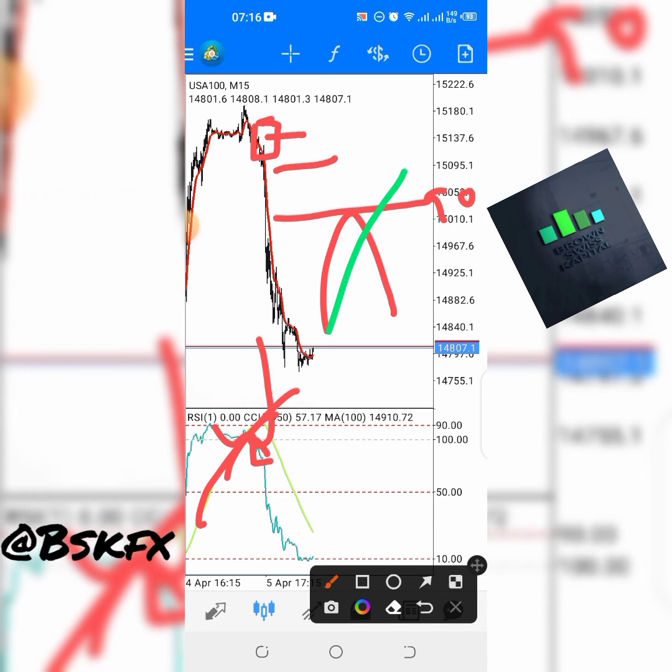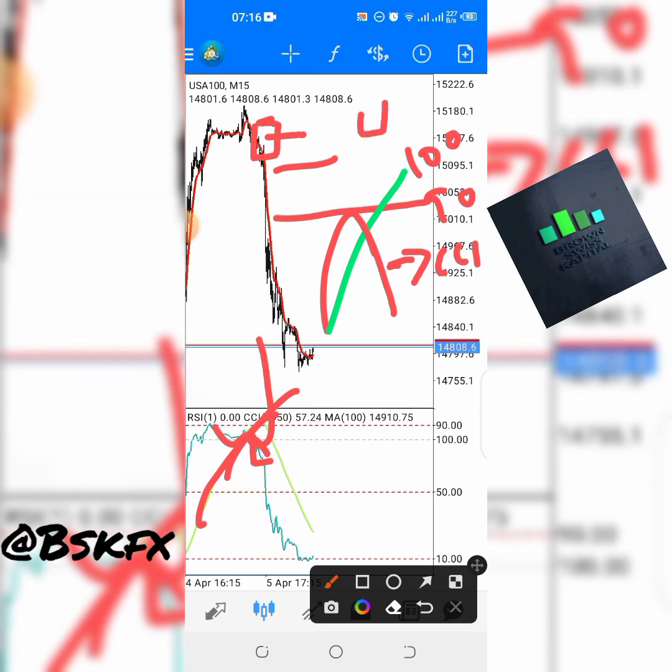When this red CCI cuts below this 100 EMA, you want that on the main chart candle also.